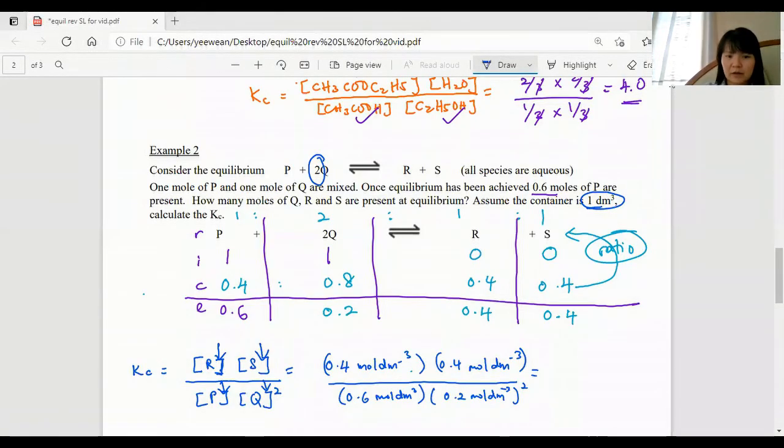So I fill in the value here, 0.4 moles in a dm cube, and 0.6, and 0.2, remember to square it. So mole per dm cube can be cut off here, and here, and just the one here. So there's still one more mole per dm cube, and I'm going to bring it up so it becomes per mole and dm cube.